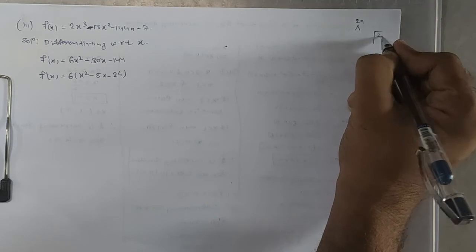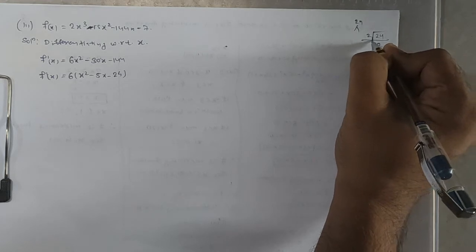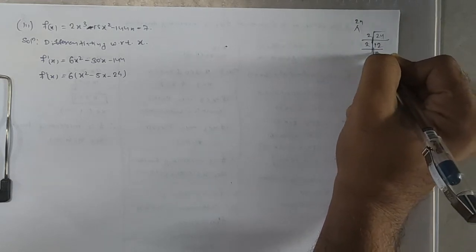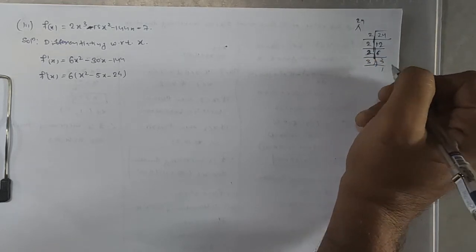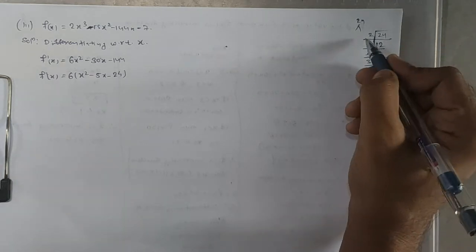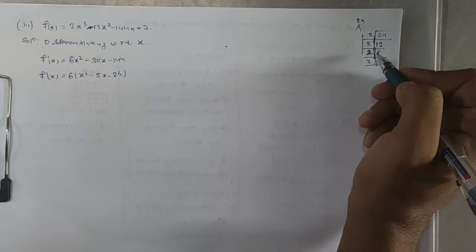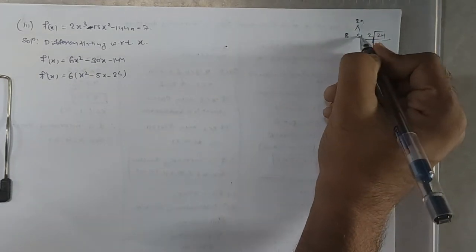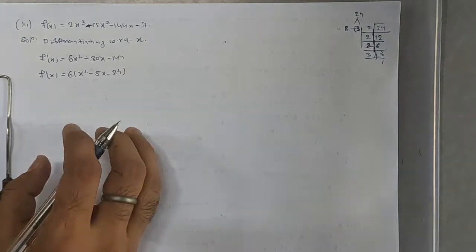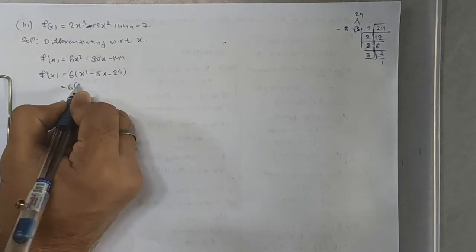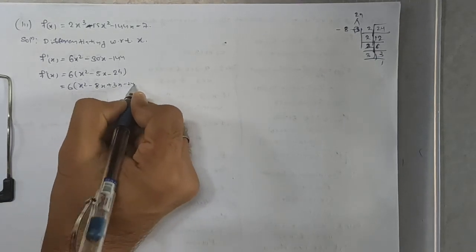So we can calculate it easily. 2 1s are 2, 2 2s are 4, 2 3s are 6, 3 8s are 24. So this will be 8 and 3. 8 minus 3 will be 5. So this will be 8 and 3, so minus, and this will be plus. So indirectly we can write it as 6 into x square minus 8x plus 3x minus 24.